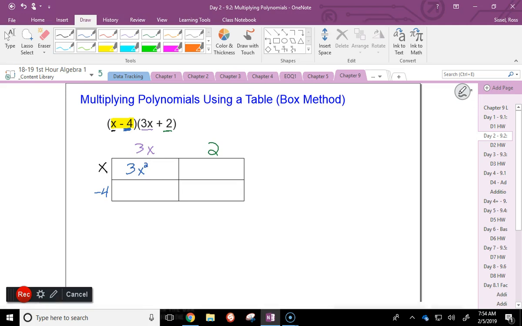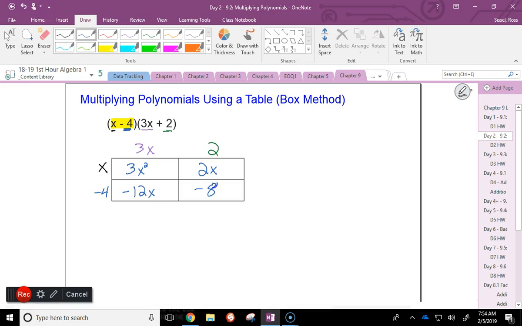It'd be negative 4 times 3x, negative 12x. You go to the top right, it's positive 2 times x. And then we have 2 times negative 4. And we have our answer.